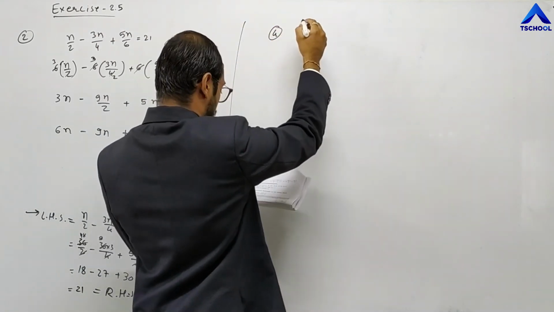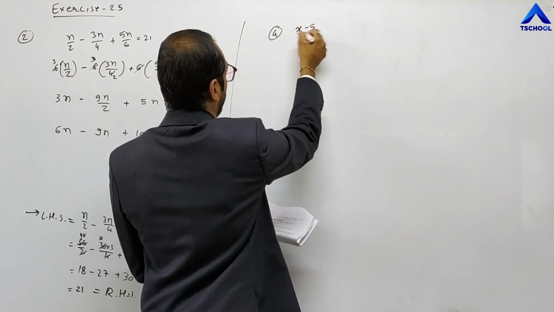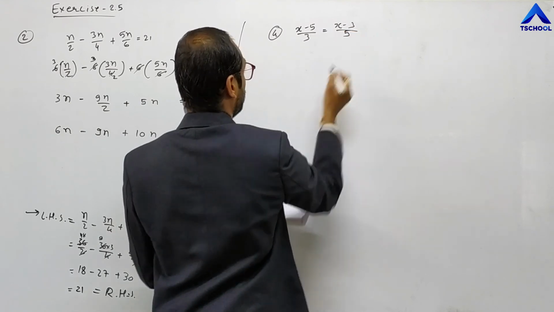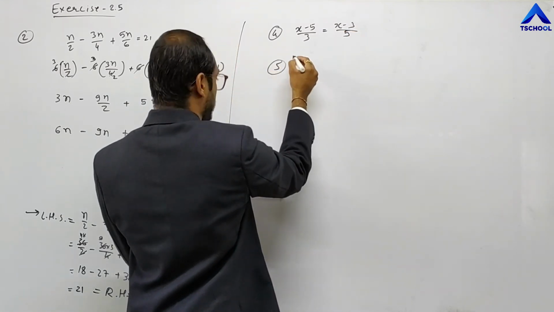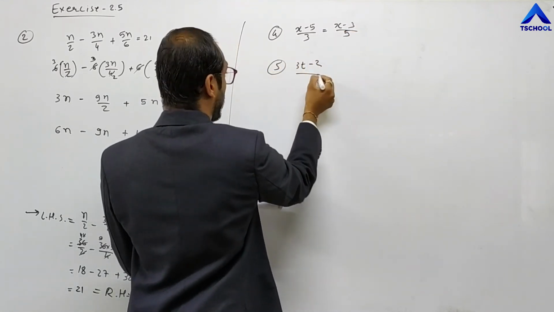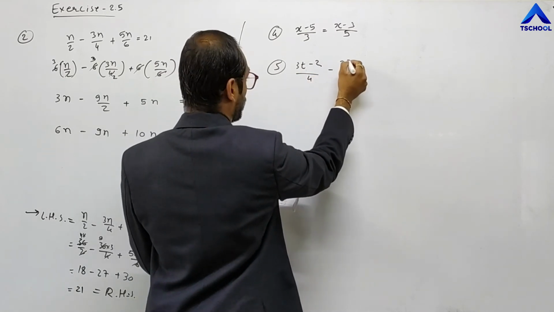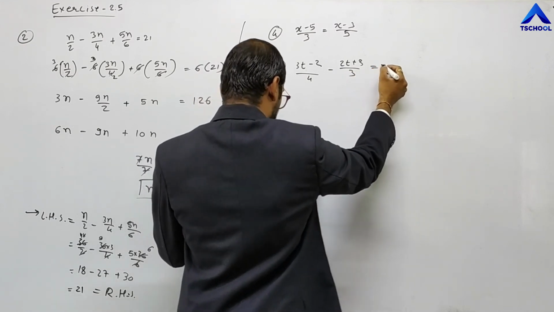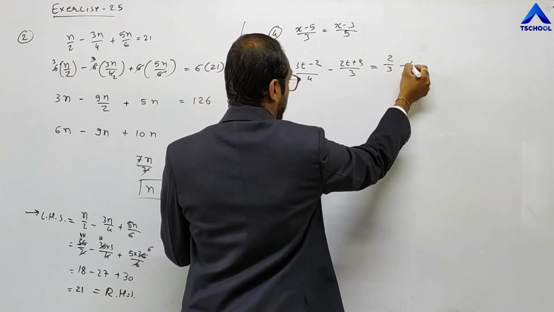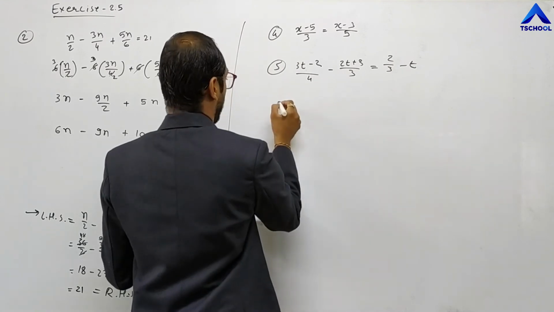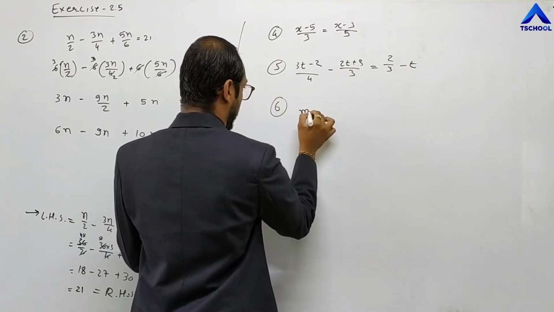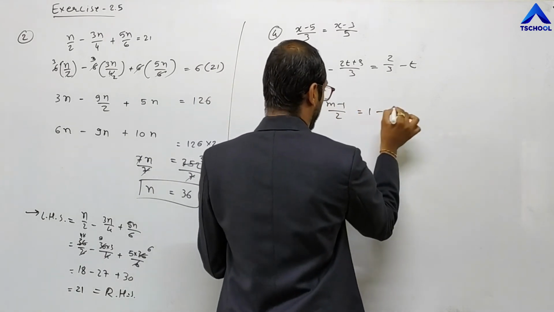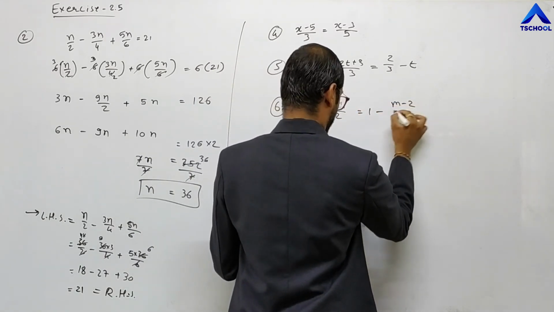Question number 4: x minus 5 by 3 equals x minus 3 by 5. Question number 5 is 3t minus 2 by 4 minus 2t plus 3 by 3 equals 2 by 3 minus t. And question number 6: m minus 1 by 2 equals 1 minus m minus 2 by 3.